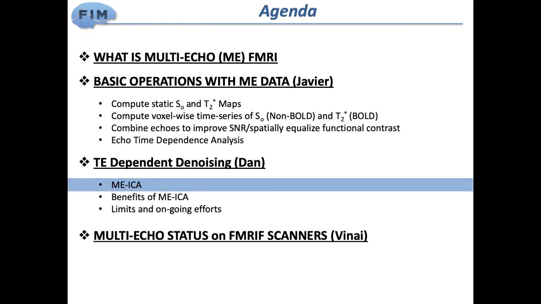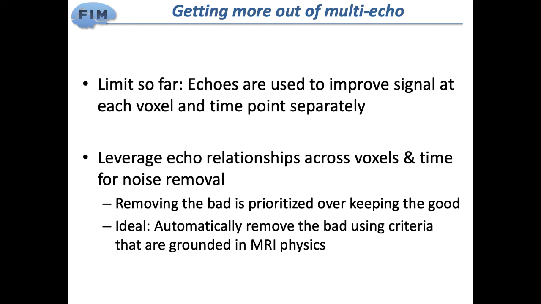Okay. So a chunk of what I'm talking about is this method called MEICA, which was developed here, led by Prantik Kundu back when he was in SFIM here. And just to take a little bit of a big picture of where Javier left us, the methods he's described so far are useful. Most of them have been around since 1999 or so.